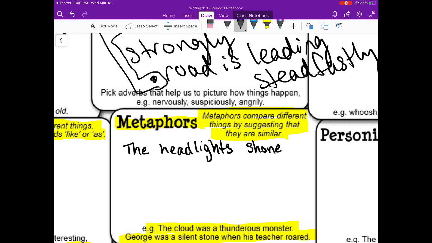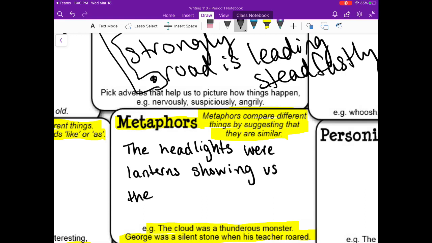The headlights were lanterns showing us the path.